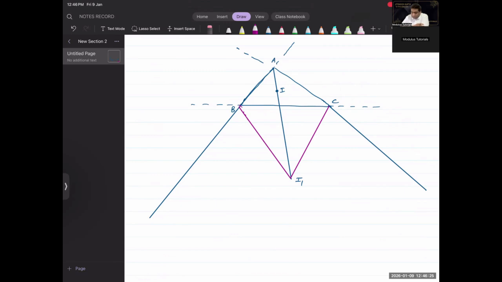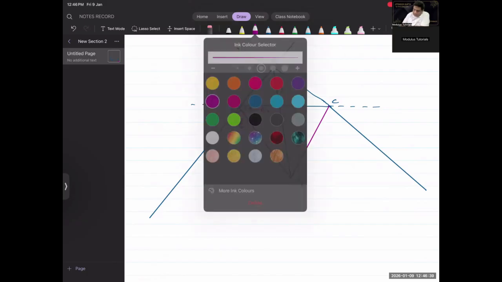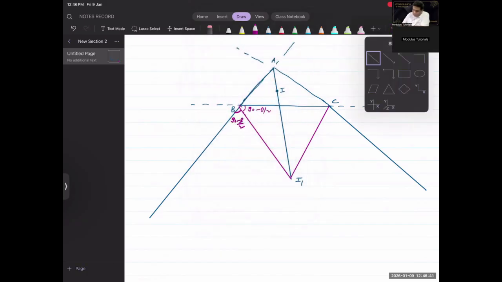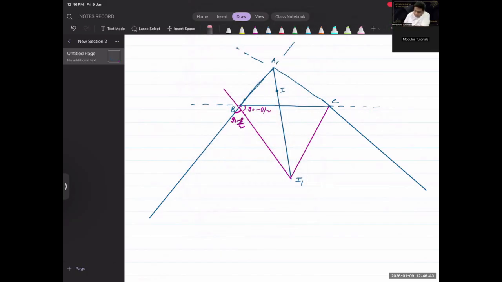Easy. Now at the same time, if you notice, guys, this is 90 minus B by 2, 90 minus B by 2. So let me extrapolate this line backwards also. And similarly with A also, let me draw the angle bisector.